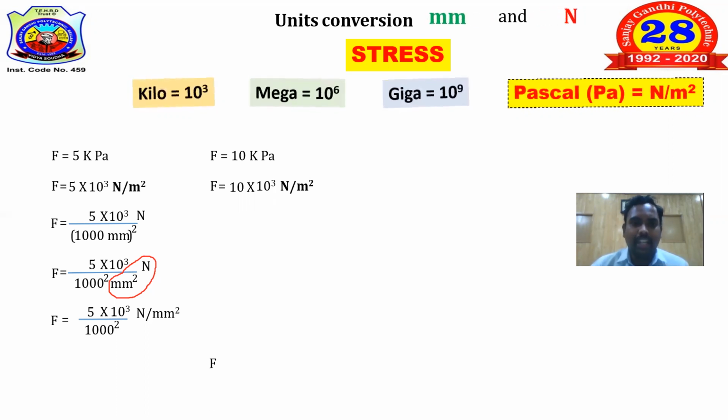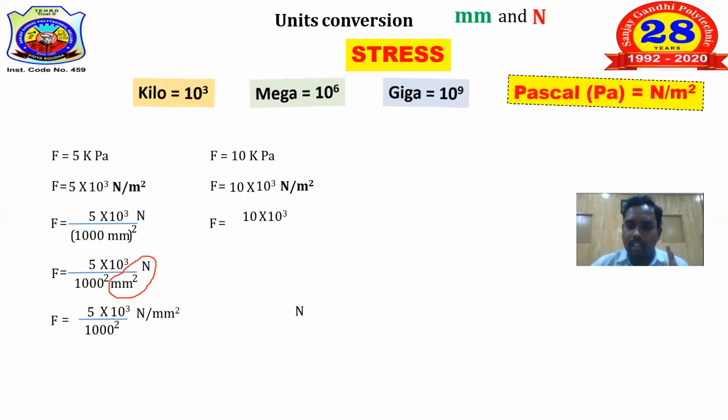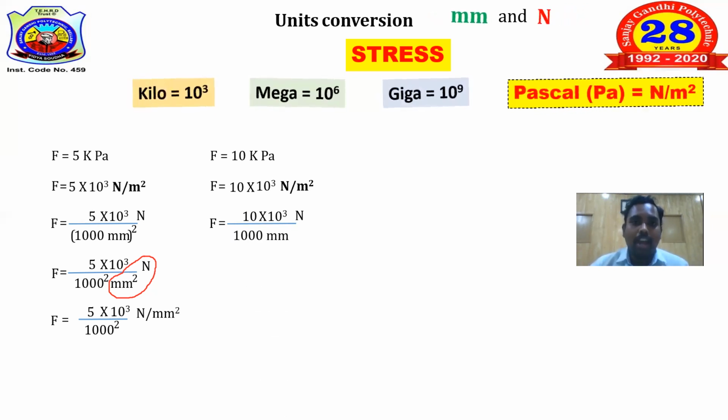Write F as it is, equal, then 10 into 10 power 3. After 10 power 3, there is Newton. After Newton, I have a division symbol, slash. Then in place of meter, I'll put 1000 mm. Since meter has a square, I need to put a square for 1000 mm with the help of brackets.